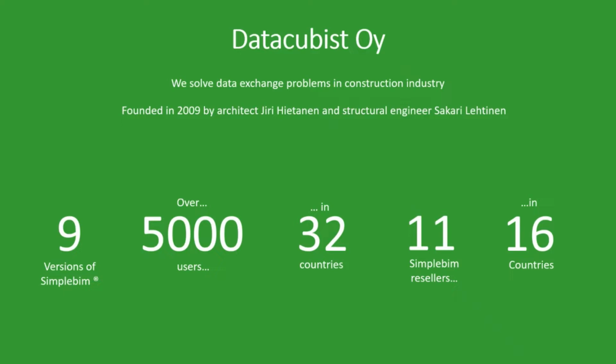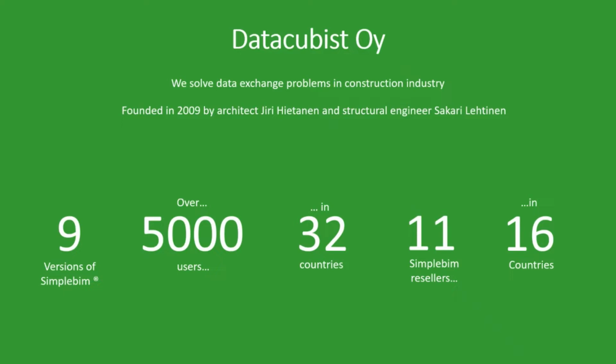A few facts and figures. We are already at version 9 of the Simplebim app. Simplebim is the main product of DataCubist, and that's the product that we'll be focusing on today. We already have more than 5,000 professional users globally, in 32 different countries.